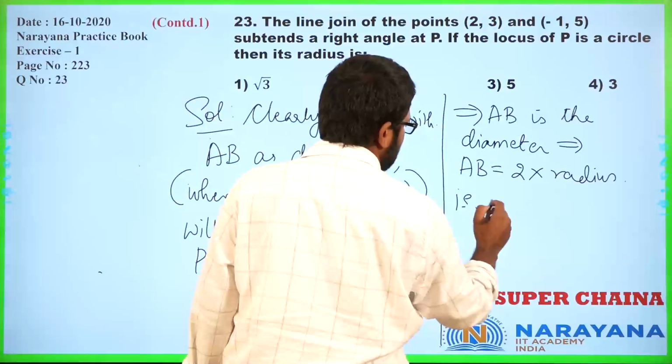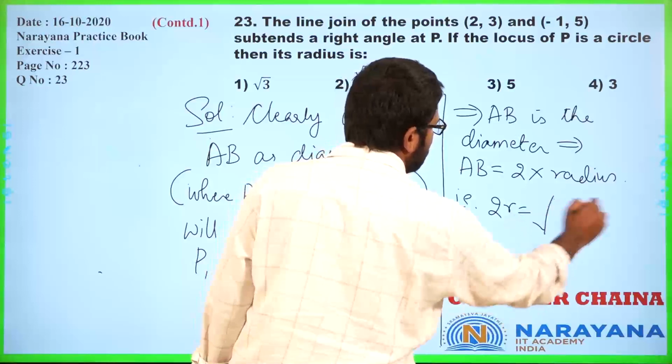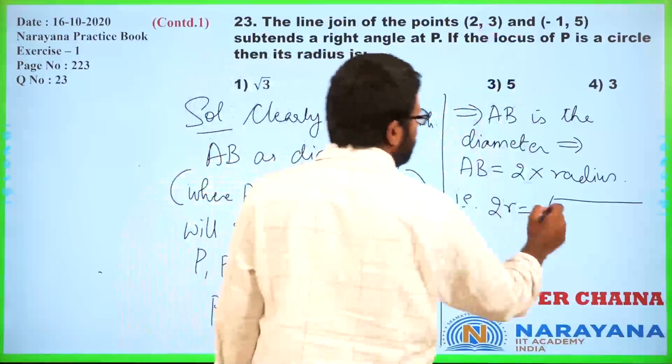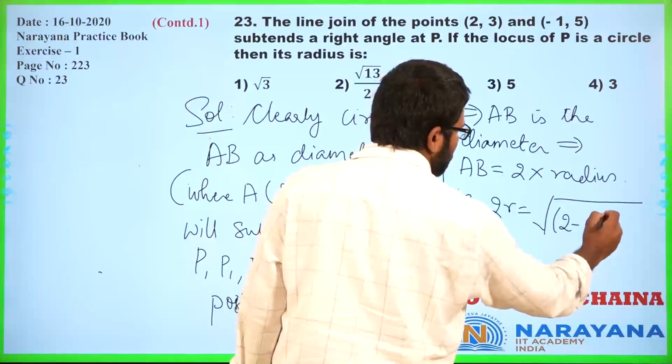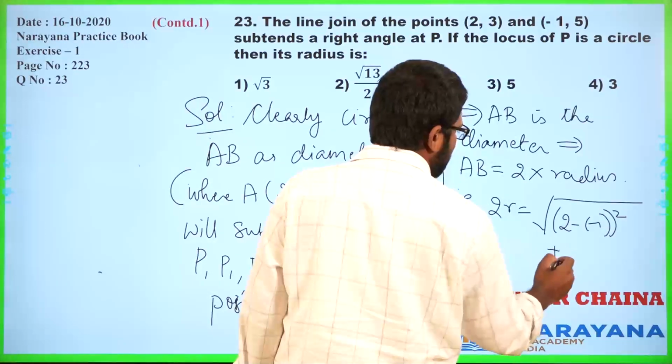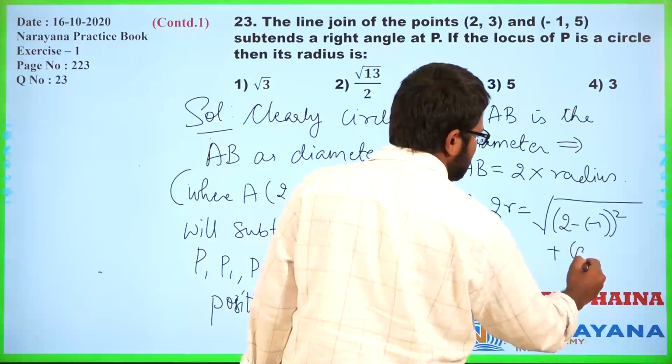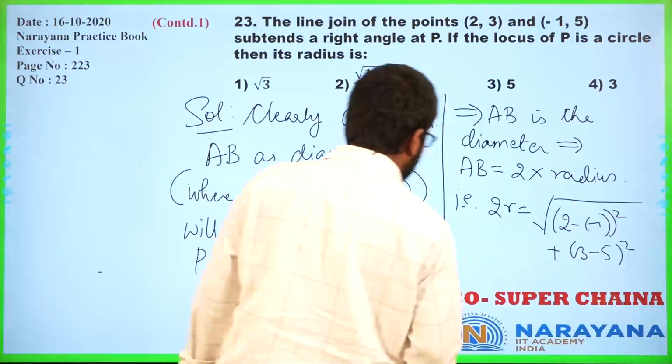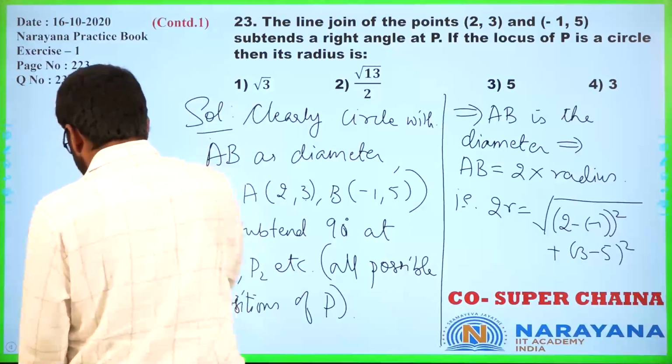That is 2r equals, what is this distance? Square root of (2 minus -1) whole square plus (3 minus 5) whole square. We're just calculating distance.